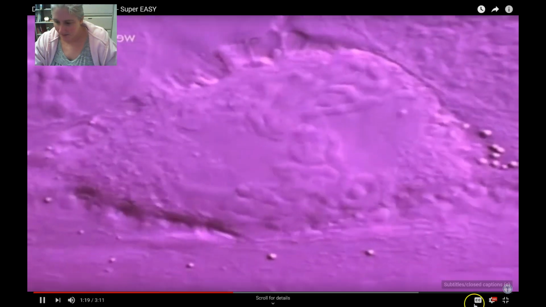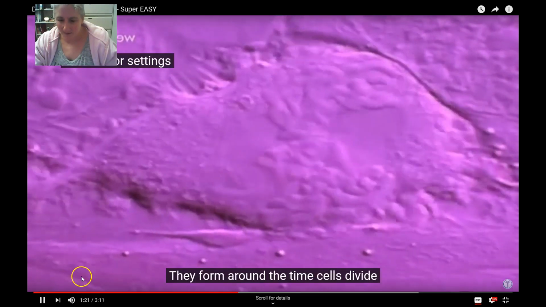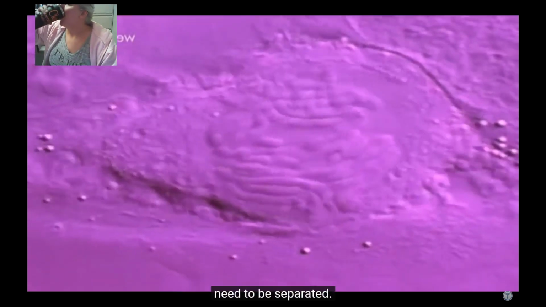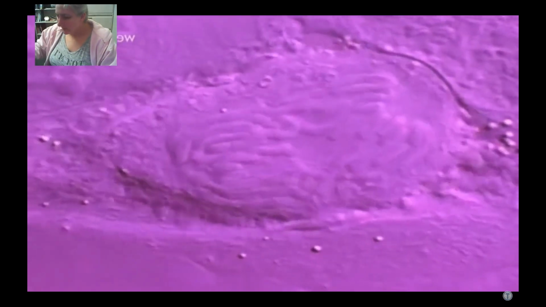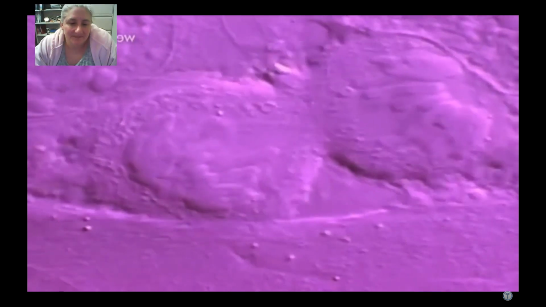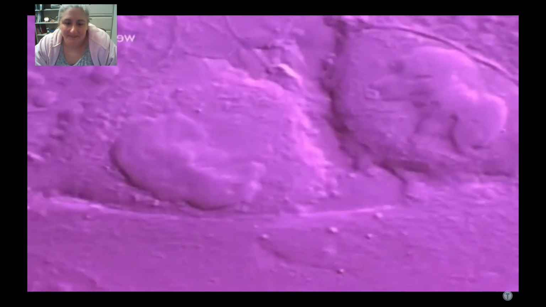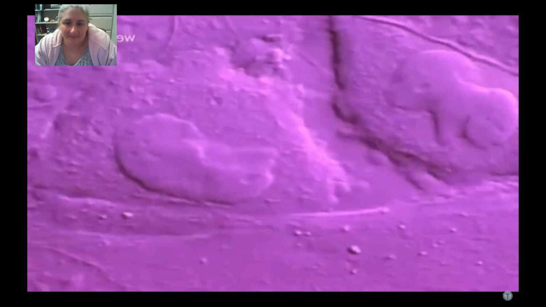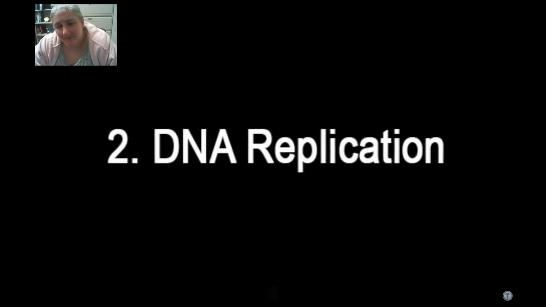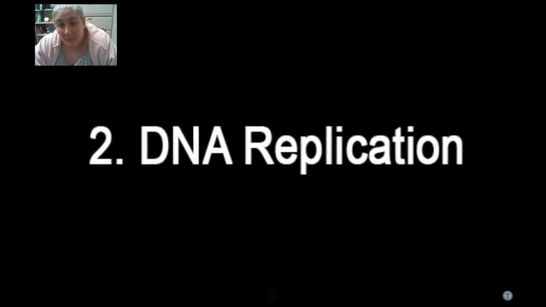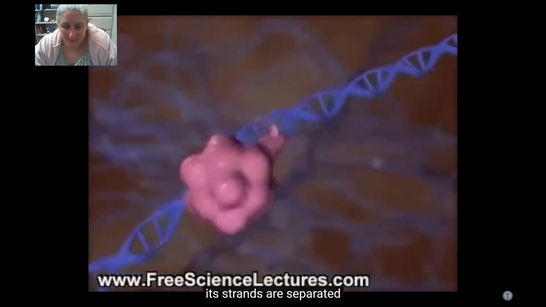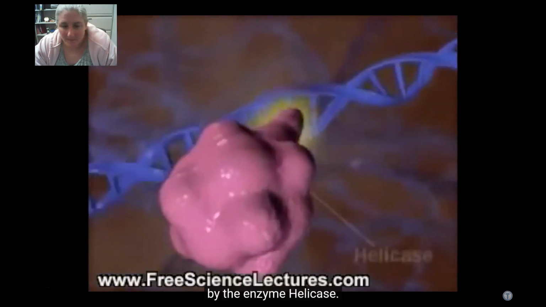Chromosomes are not always present. They form around the time cells divide when the two copies of the cell's DNA need to be separated. When DNA replicates, its strands are separated by the enzyme helicase.